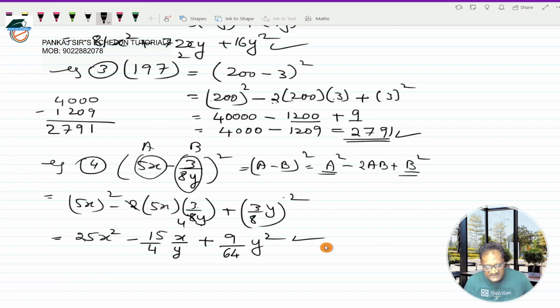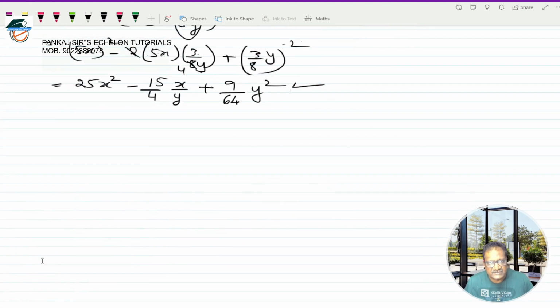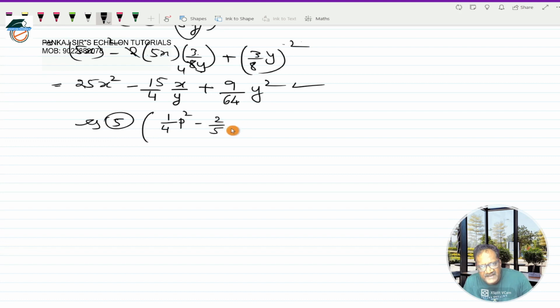Done with that. Now let us try out one more good one. This is again example 5. This is 1/4 of p square minus 2/5 of q square the whole square.